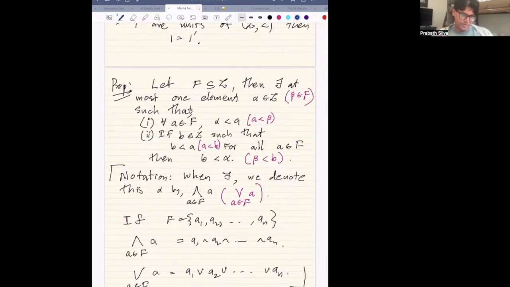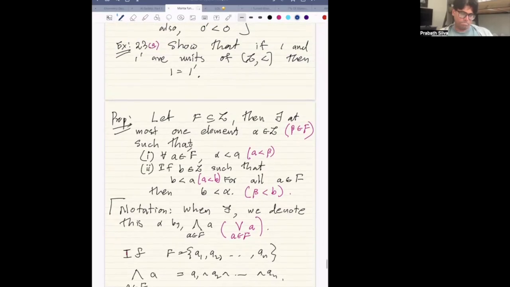It boils down to this. If you actually want to prove the commutativity, we should be starting with not just a set F, but the ordered set.